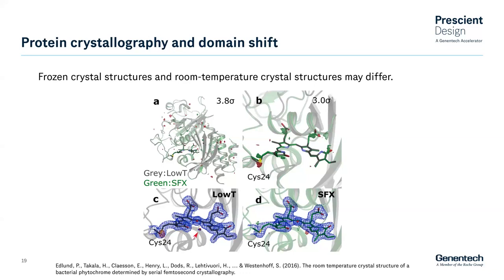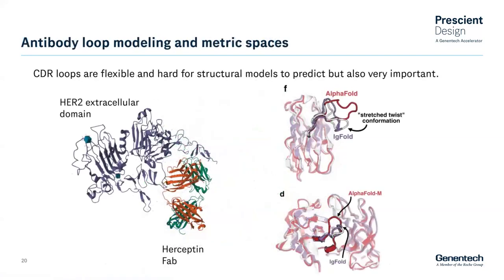Even if we did, we really care about room temperature. And that's not what you get from a folding model. The folding model is giving you its best guess at the frozen structure. And these are not necessarily the same thing. And so this is a classic example of domain shift, which every ML person spends a lot of time worrying about. But it's not just that.